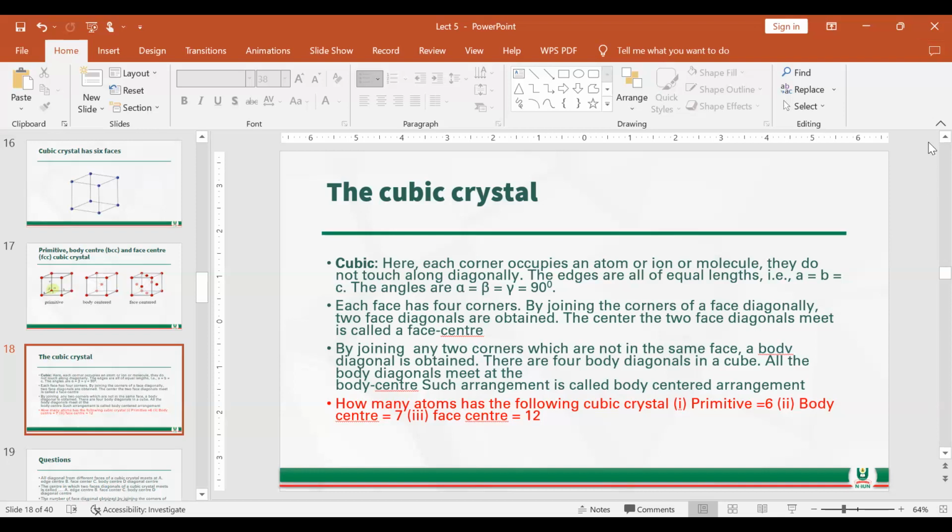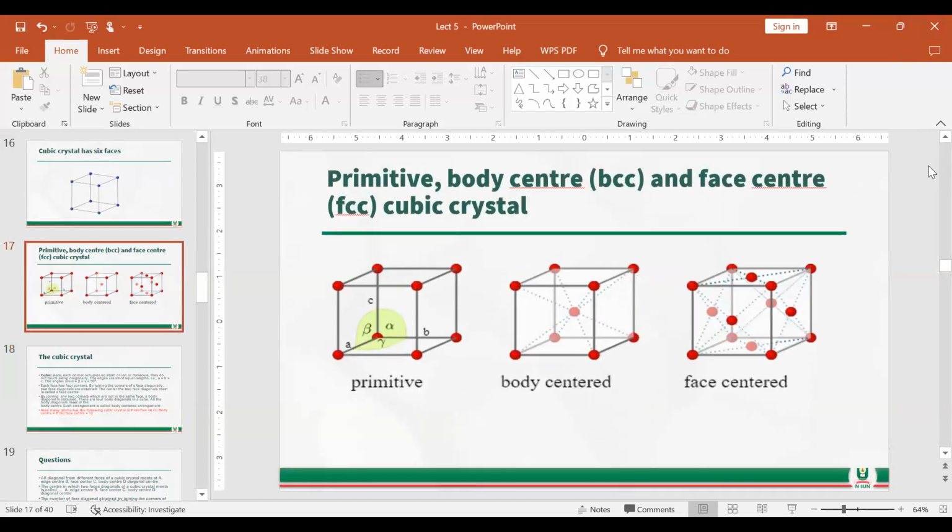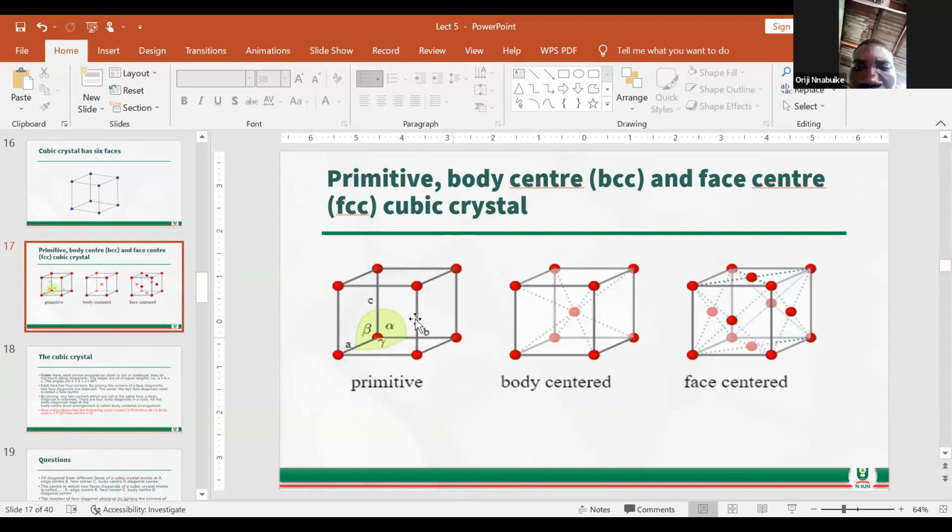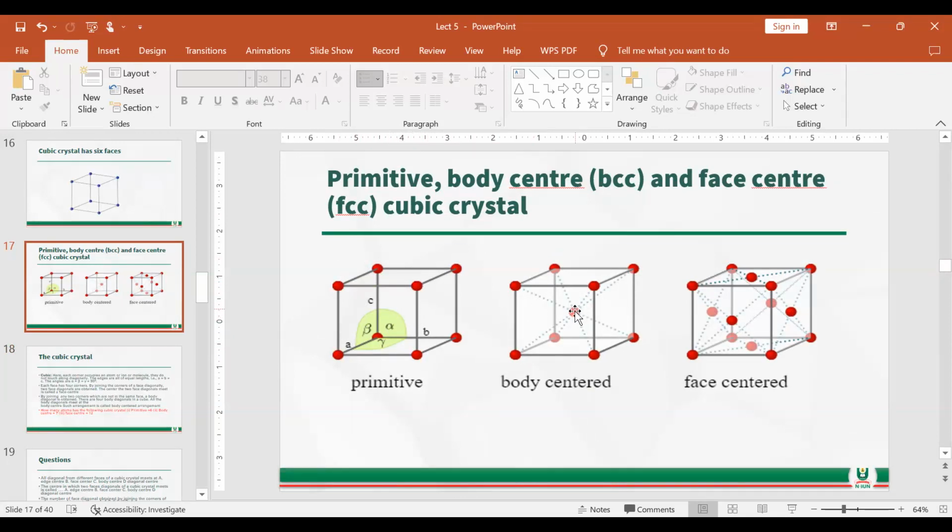Now, what I'm saying is what we just explained. You have the corner of the cube here. If you join this point to the next point, that is a diagonal. And you join this other one again, that's a diagonal, and this other one, you have a diagonal. The point in which all the diagonals meet is called the body center. So this point is the body center.